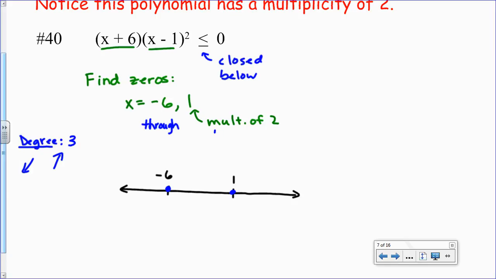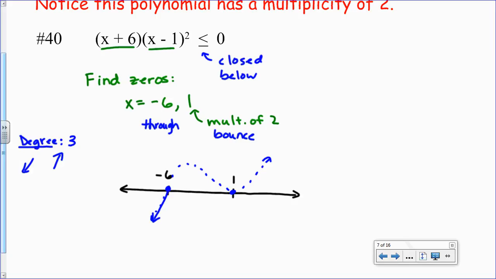And the multiplicity of 2 has a bounce. We're just doing a sketch, so you don't have to put the arrows at the end, but you can. Okay. So we want the parts that are below. That would be right here.